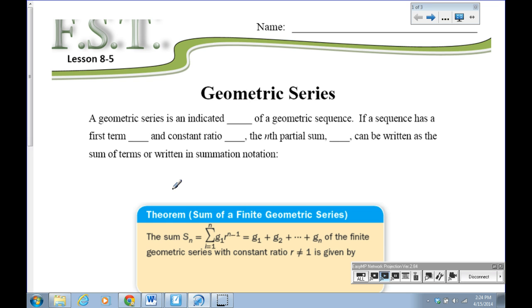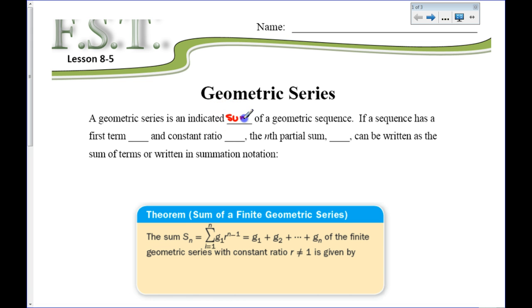So, geometric series. A series is an indicated sum of a geometric sequence.